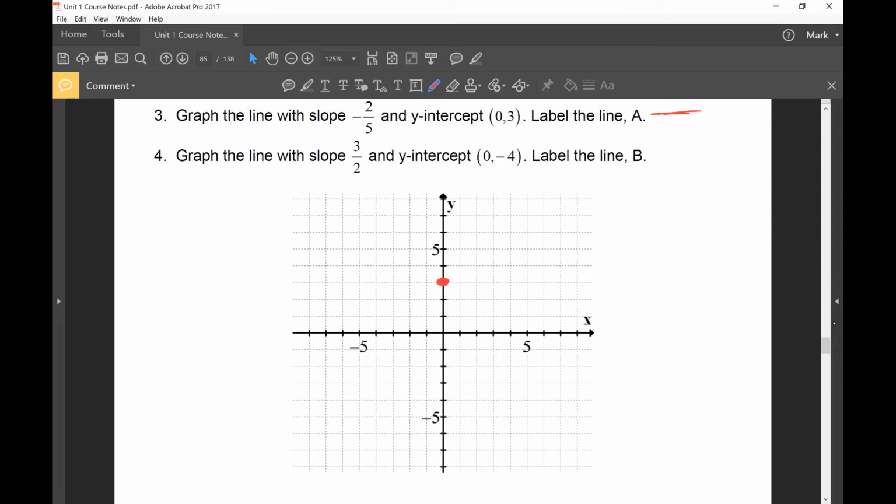So my slope is -2 over 5. That's going to be my rise and my run. So I'm going to go down 2 and to the right 5. There's my second point, and I'm going to draw a line here in red.